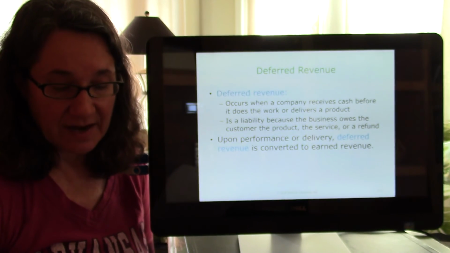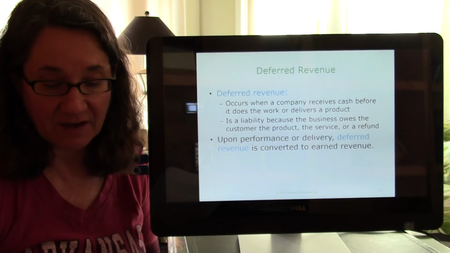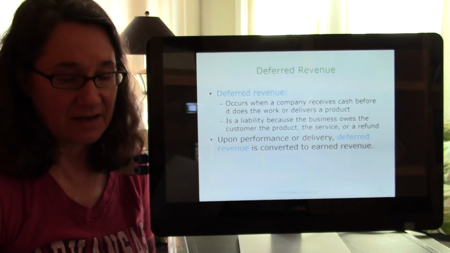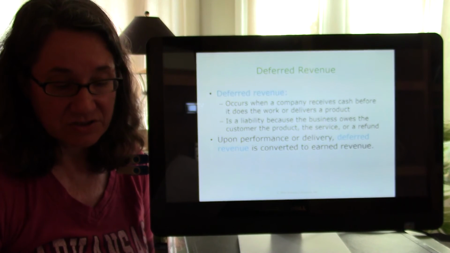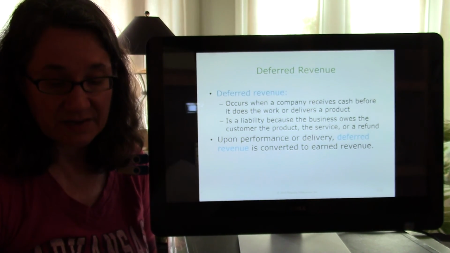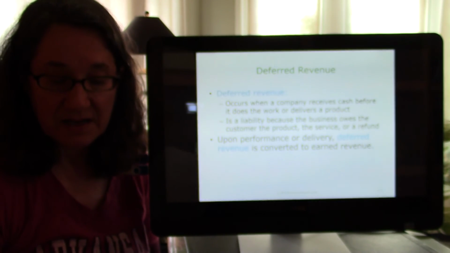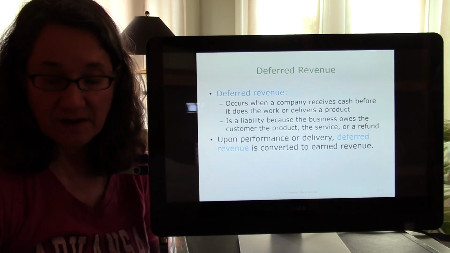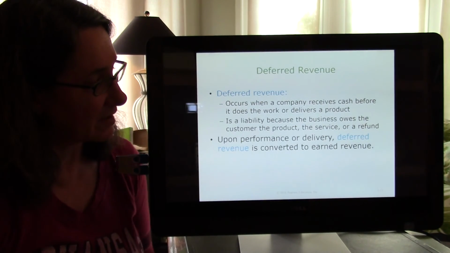For example, an attorney requires a new client to pay a retainer fee of $1,000, yet no services have been performed. The attorney debits cash and credits unearned revenue to establish the liability. If the client decides not to use the attorney, he or she can request a refund. Upon performance of this service, the revenue will be recognized.